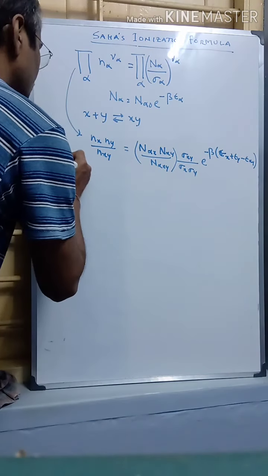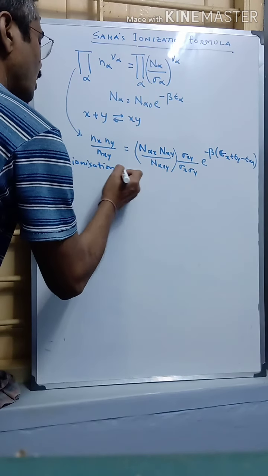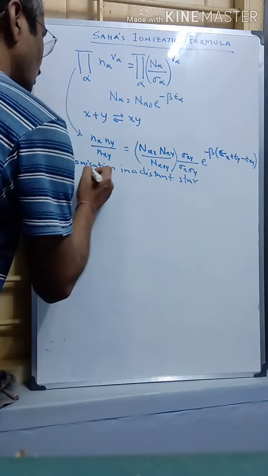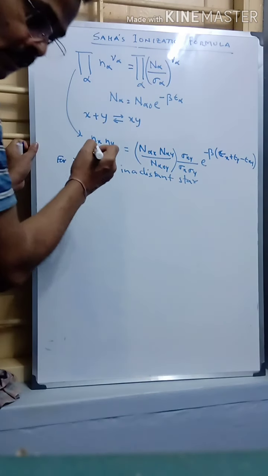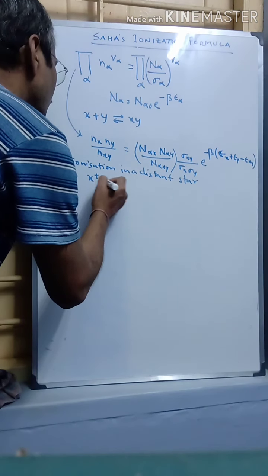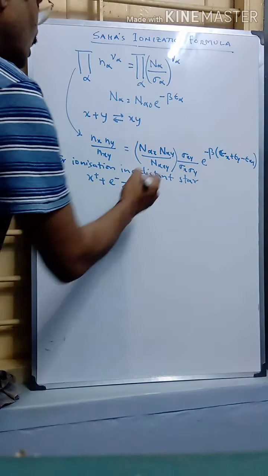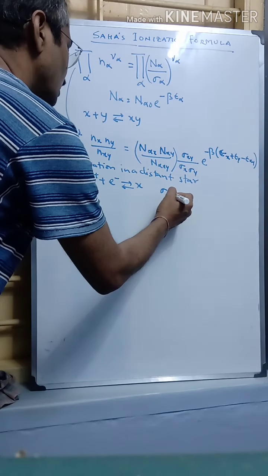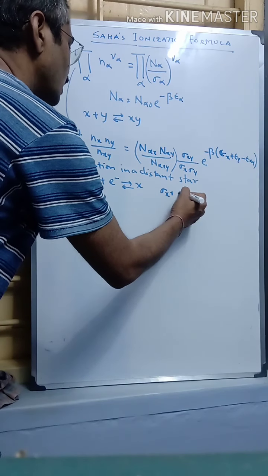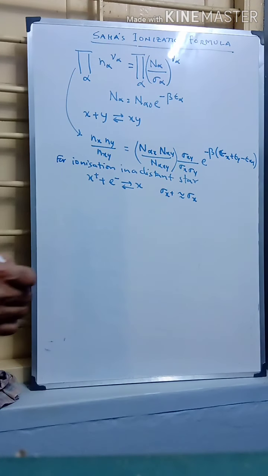So for ionization in a distant star, we can always write x plus e minus is equal to x plus, that is, x plus electron is equal to the ion, and we can roughly say that the volume associated with the de Broglie wavelength of the ionic species is equal to the volume associated with the neutral species.